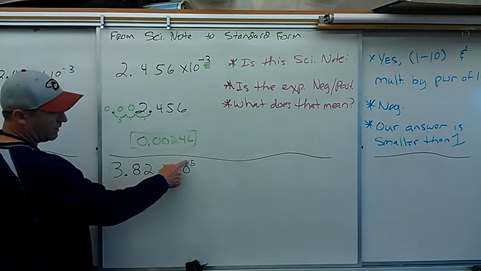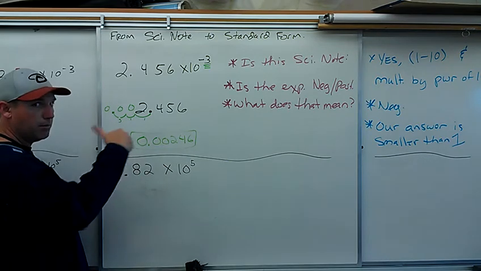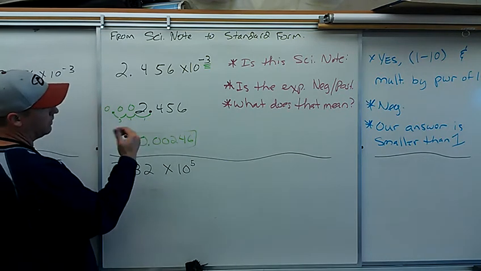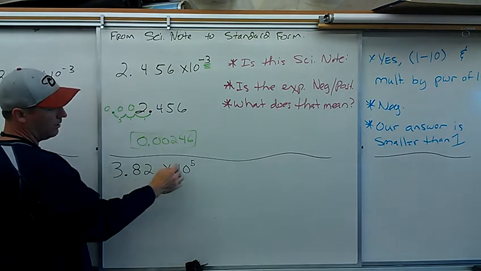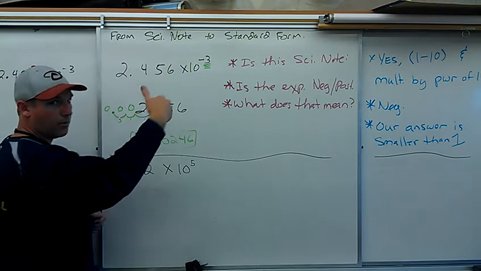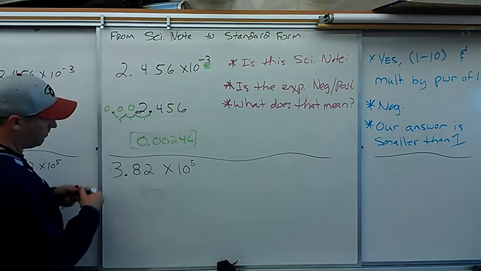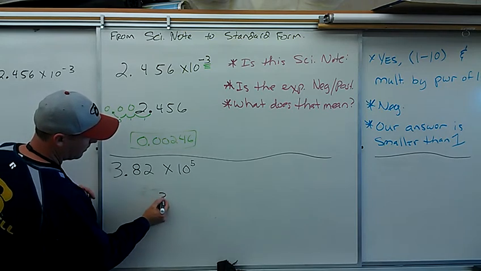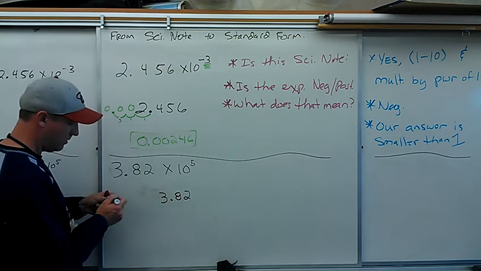Well, since it has a positive exponent, that means this number right here is really supposed to be bigger than 1. So you can think of negative exponents as numbers smaller than 1. Positive exponents are bigger than 1, so this number needs to be bigger than 1. So, I rewrite it, 3.82.